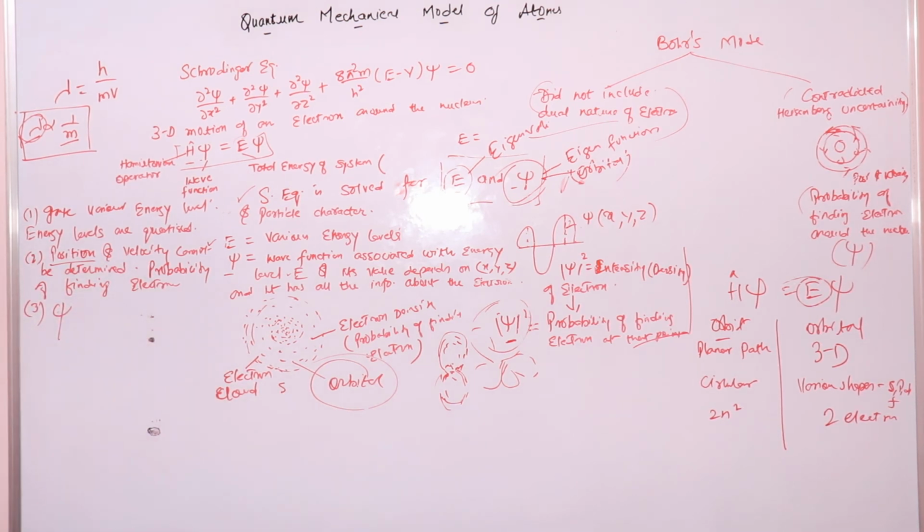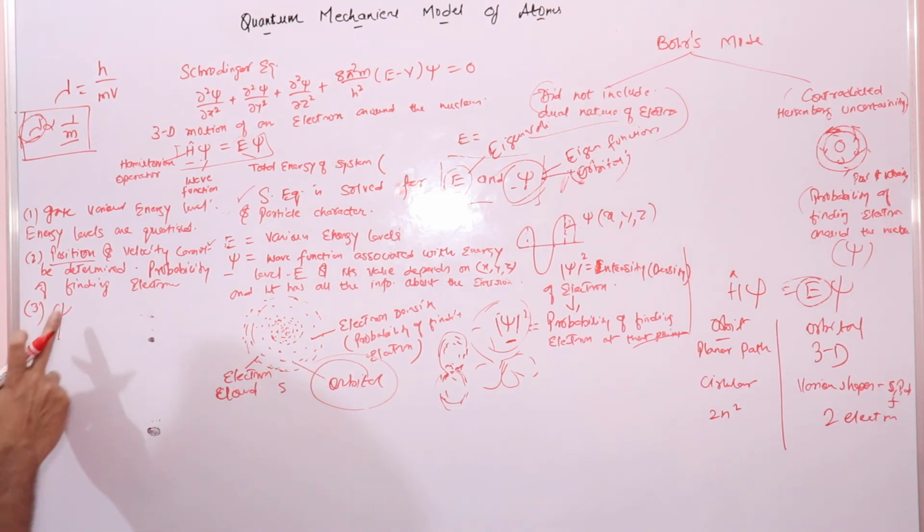Then we talked about psi. We solved the Schrödinger equation for psi. And what is psi? Psi is an atomic orbital. The atomic orbital is the wave function psi for an electron in an atom.